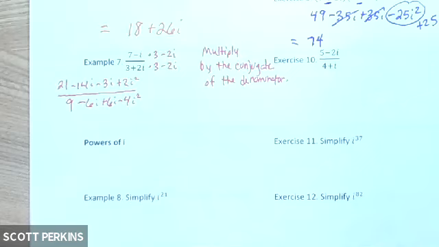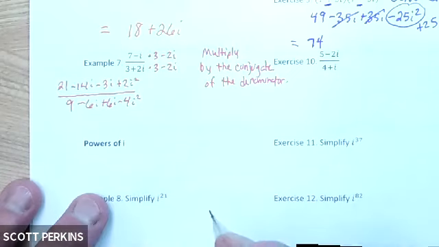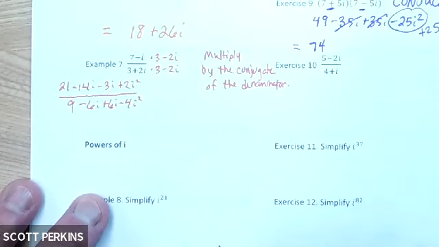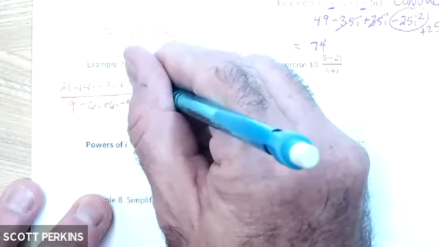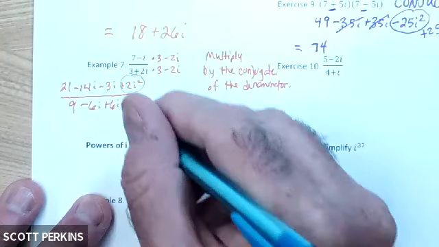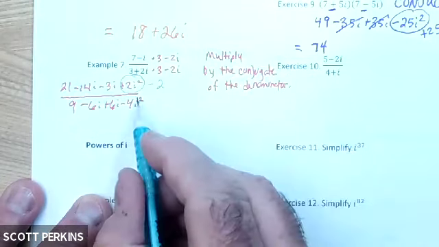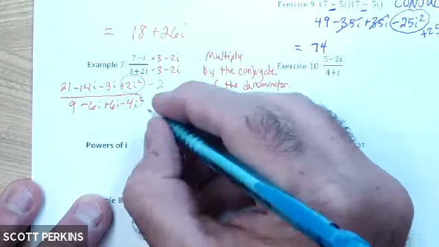Now, I'm not meaning to make a huge mess of this, so I'm just going to do this in pencil so that I don't create more confusion than I need to. Again, before I go and collect my like terms, I'm going to take care of these i squareds. So in the top, the 2i squared, what is that going to be equal to? Negative 2. And then in the bottom, the negative 4i squared is going to be equal to positive 4.